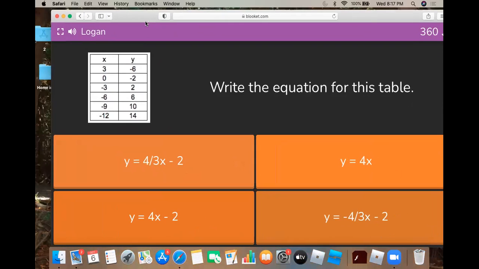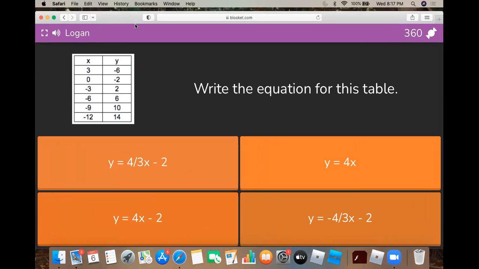Can you see? So what you have to do for this one, I will do a worksheet after this, so I'll annotate. The y-intercept is -2 because x is 0. So that's part of the equation.